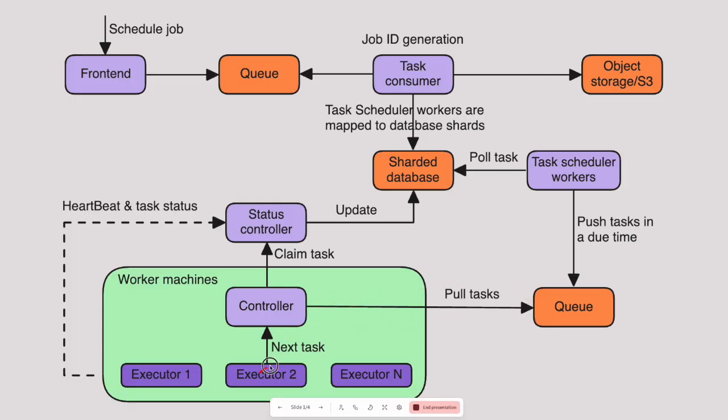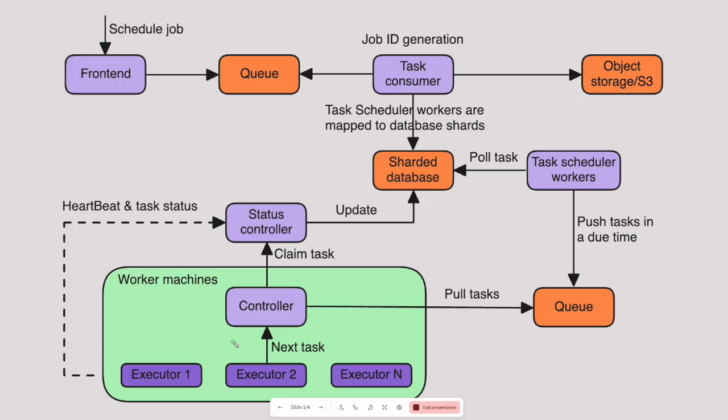As the job is being processed by an executor, every process sends its own heartbeat and task status to the status controller. It's done because if the executor dies or halts or the job fails, we want to understand that that process is lost and the job has to be requeued again.